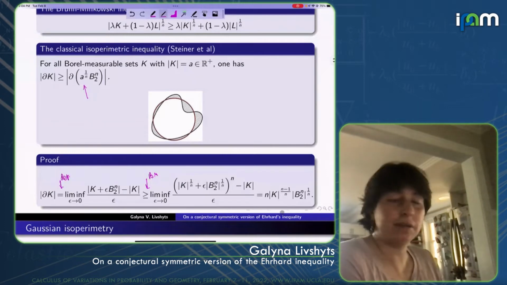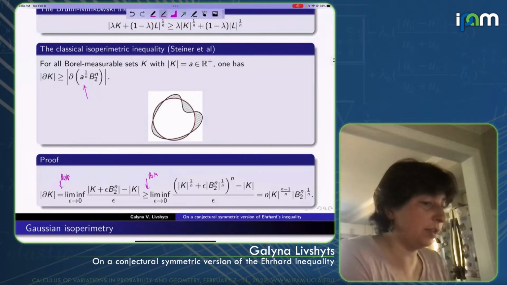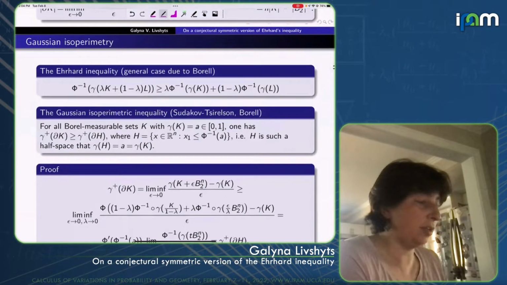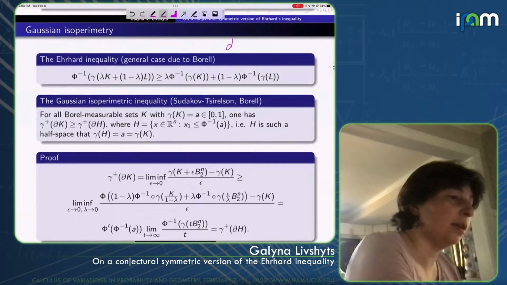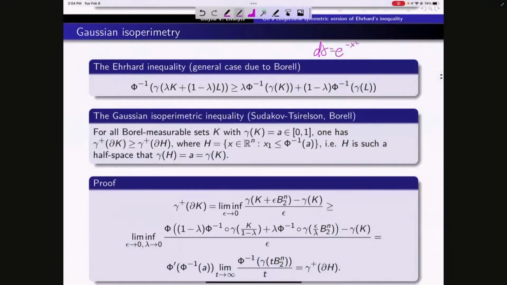Okay, so there is an analog of all that story in the case of the Gaussian measure. So I remind you, the Gaussian measure is a measure with the density e to the power minus x squared over 2 with the normalizing constant. And there is a very nice inequality called the Ehrhard inequality.